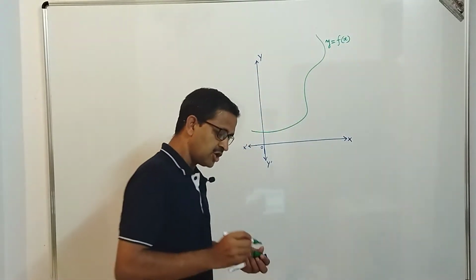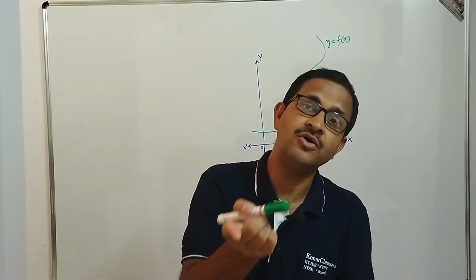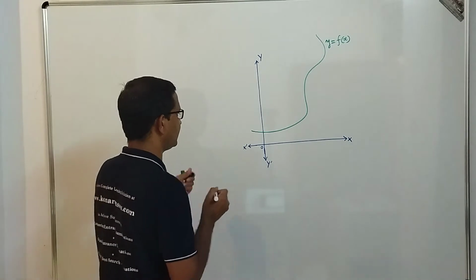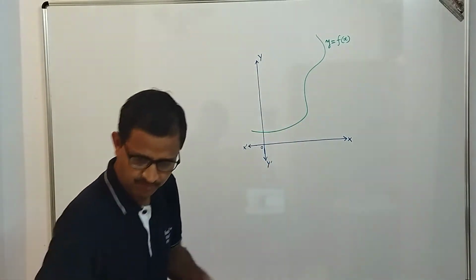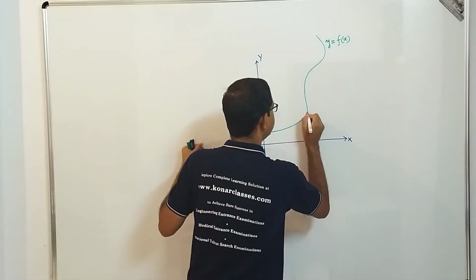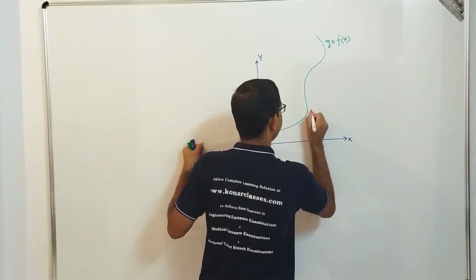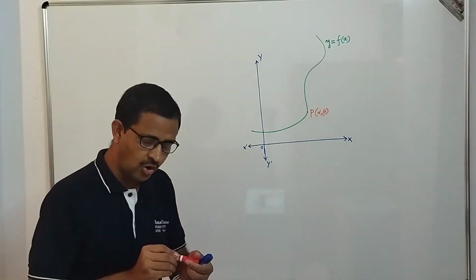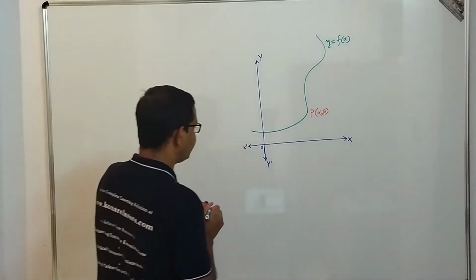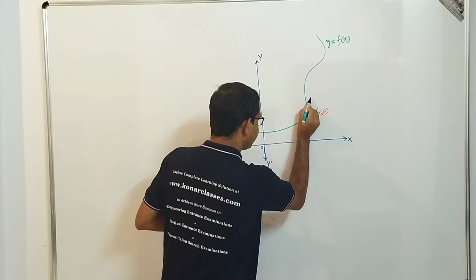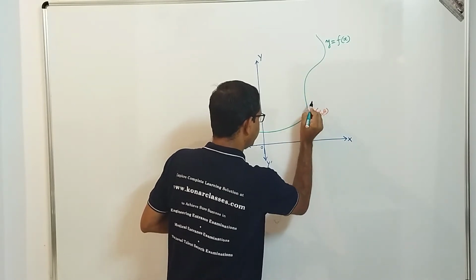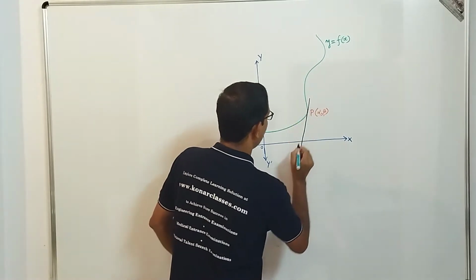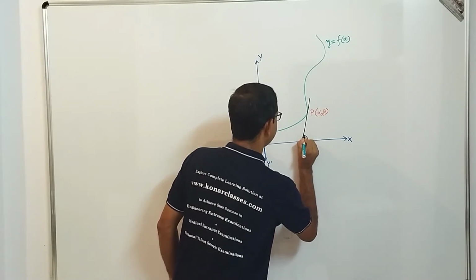This is the curve. Now the differential calculus, the derivatives, was all about studying the following. The motivation behind differential calculus was that if we have a point, suppose this is the point P having coordinates alpha comma beta, then differential calculus was all about defining the tangent to the curve y equal to f(x) at the point P(alpha, beta), and once the tangent is defined, we find the slope.